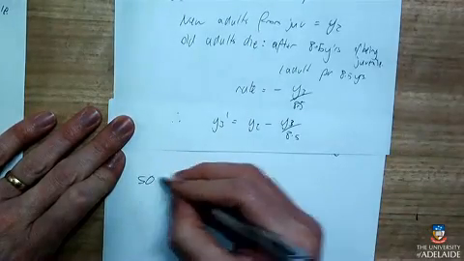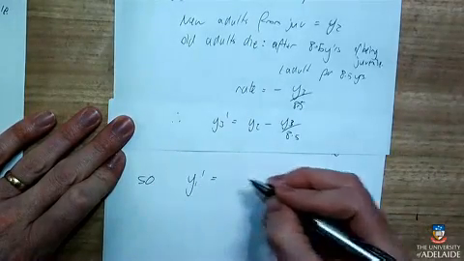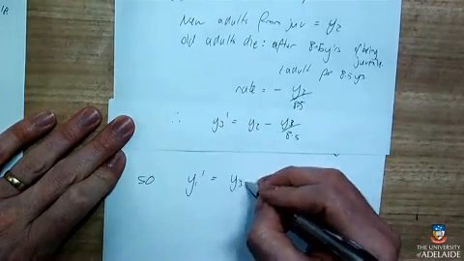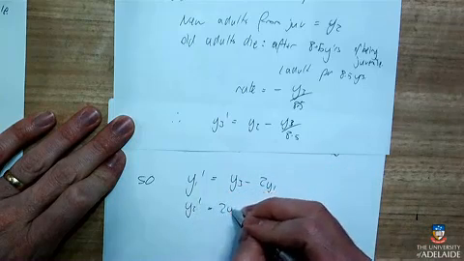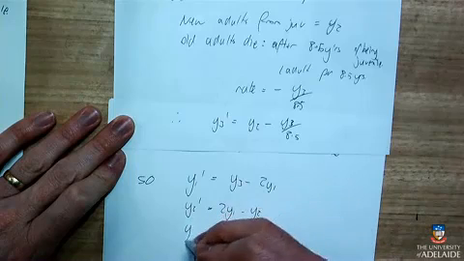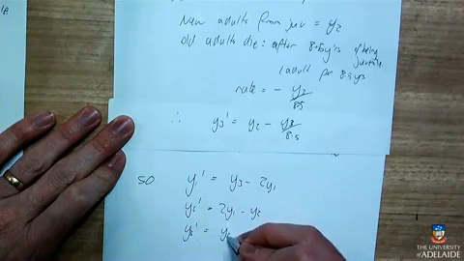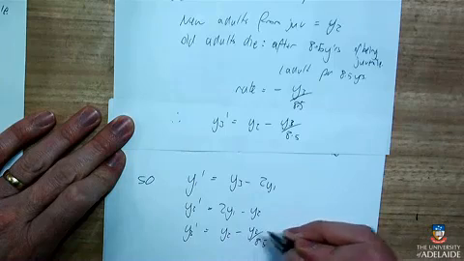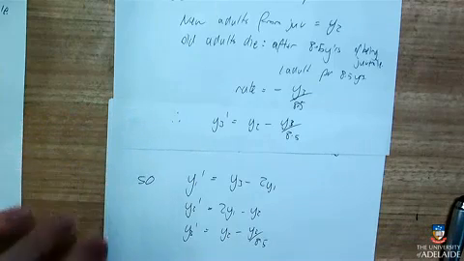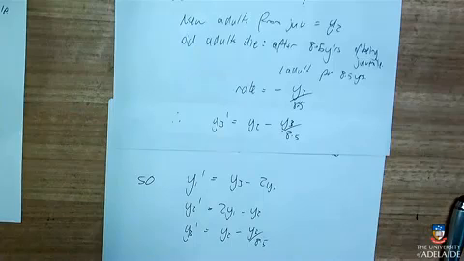And so y1 dashed is y3 minus 2y1, y2 dashed is 2y1 minus y2, y3 dashed is... yeah.